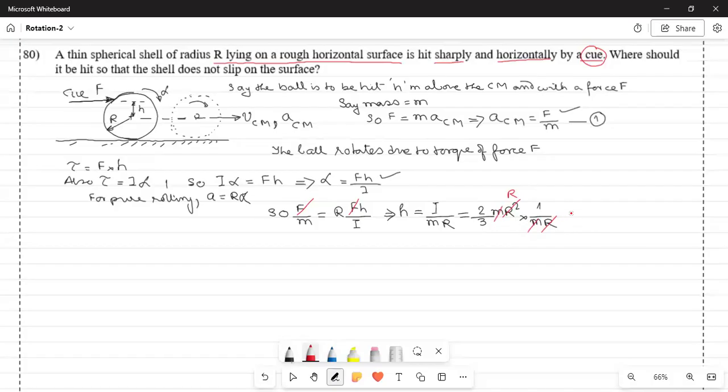So this is equal to 2R by 3. That means the ball has to be hit by the cue at a point where h, this height, is equal to 2R by 3 or 2/3 of the radius. So this problem was short and simple, no problem.